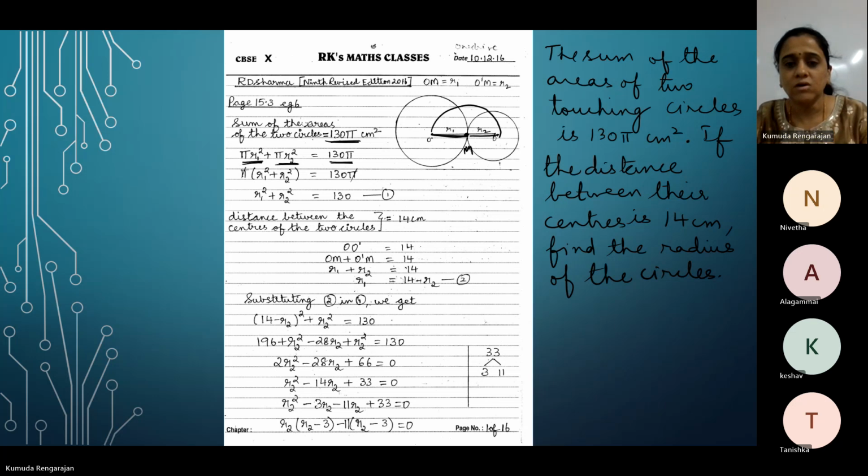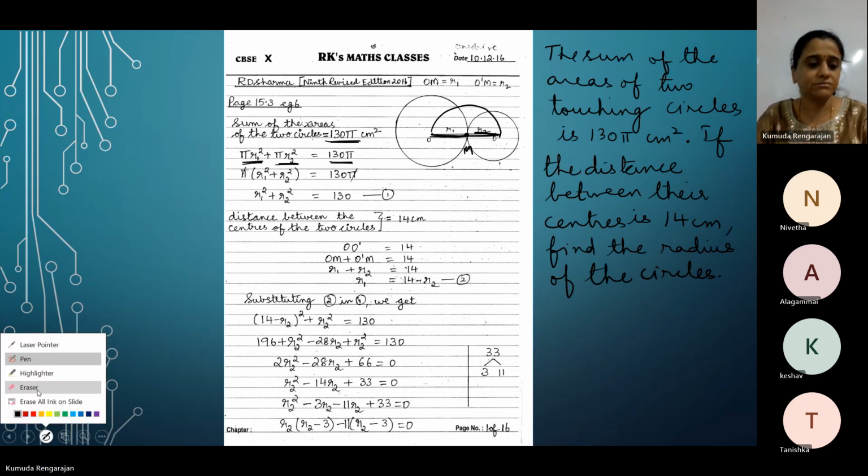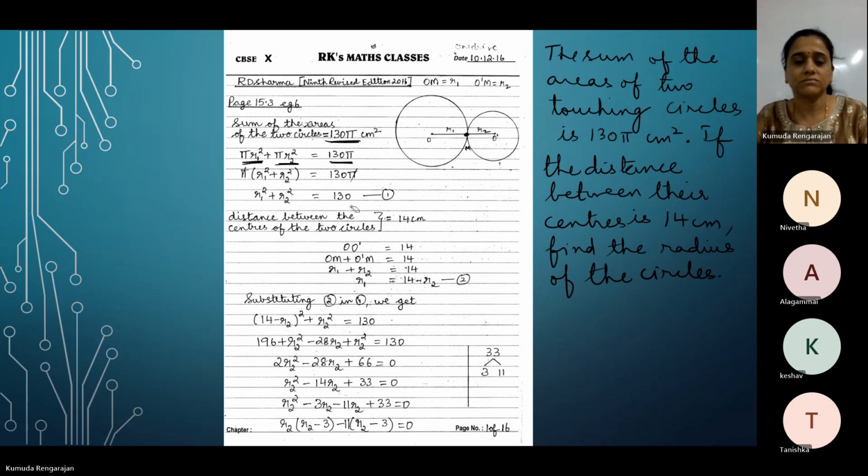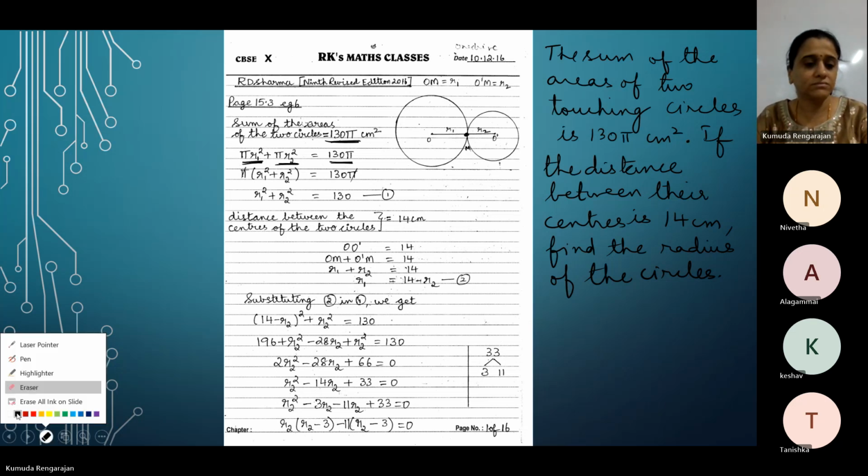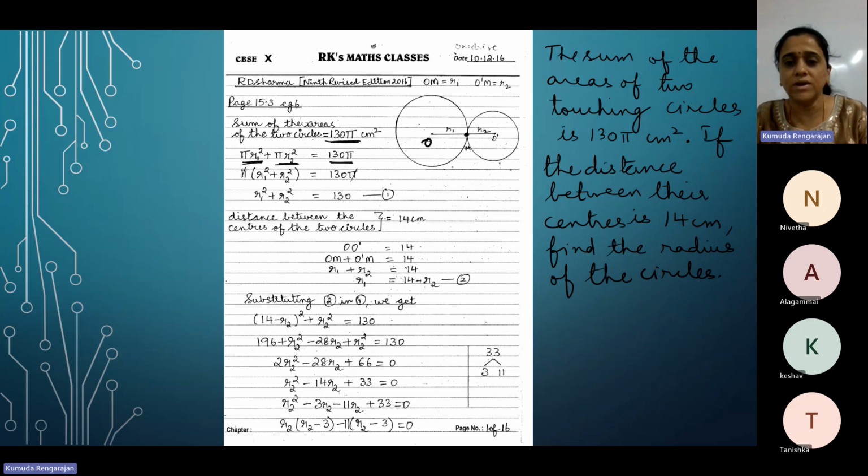That means OM plus O dash M. This is O, this is O dash, this is M. O O dash is equal to 14 centimeters. That means OM plus O dash M is equal to 14. In other words, R1 plus R2 is equal to 14.